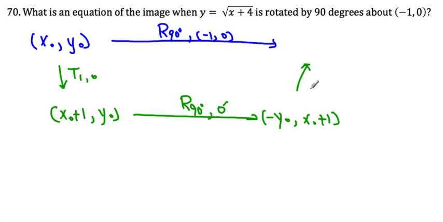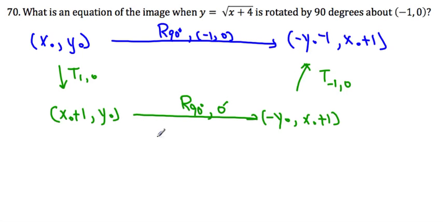Then we need to move this back, reading it off from the original origin, which is (0, 0). So we translate by (negative 1, 0). That means our final answer would have been (negative y naught minus 1, x naught plus 1).